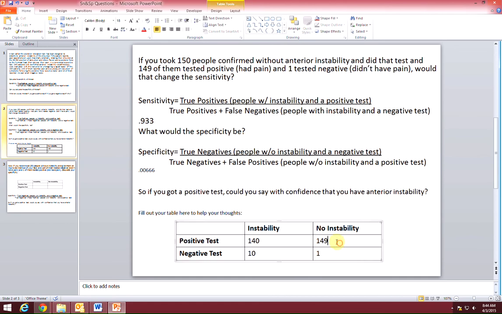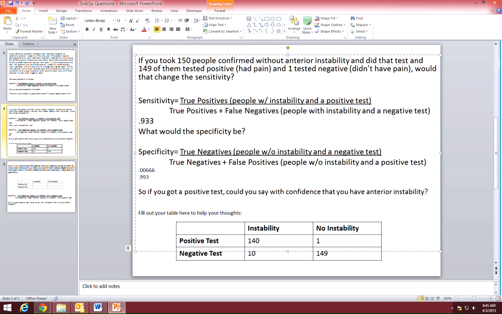Well, if we go back to this slide, all we did was switch here. We have 149 people without instability who tested negatively. So our true negatives now are 149, which is really good. And our false positives are now only 1. And then if we calculate that out again, we get, let's see, 149 divided by 150, 0.993.